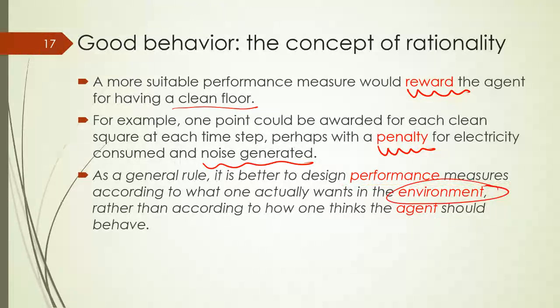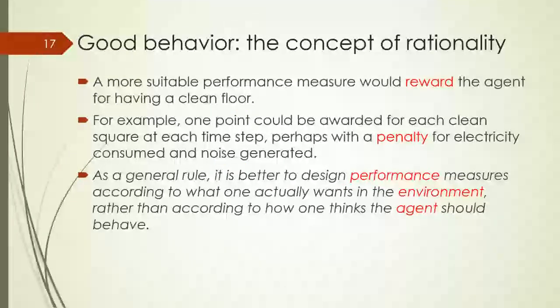Instead of saying we're going to reward the agent based on how much dirt it sucks up, which is based on the agent, we would say how much of the environment is clean. This is a general rule when I'm writing AI later for different behaviors. Any question or any suggestion so far?